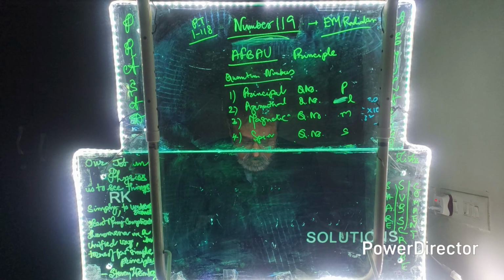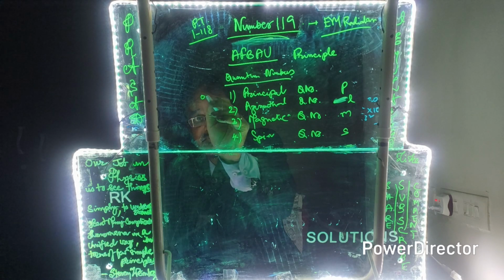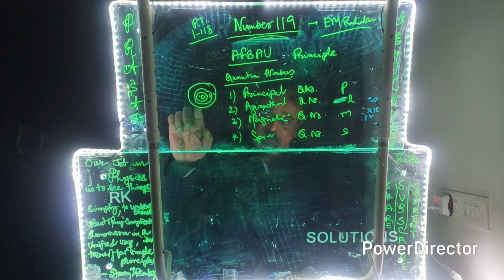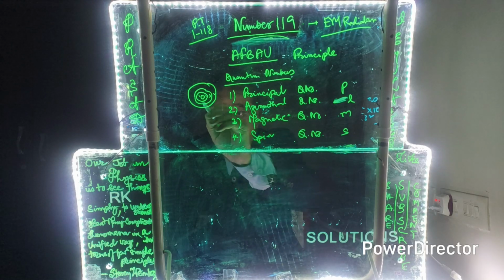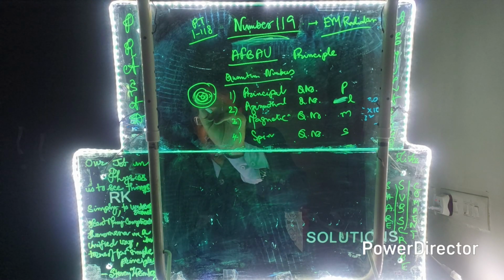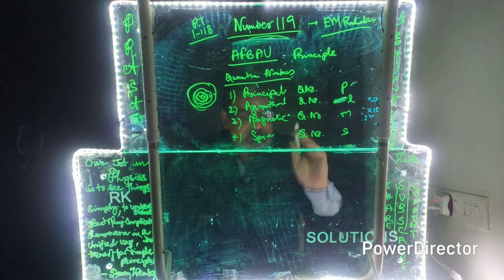What is the principal quantum number? The principal quantum number gives you the shell number: one, two, three, four. The number of the shell in which the electron resides gives you the principal quantum number.